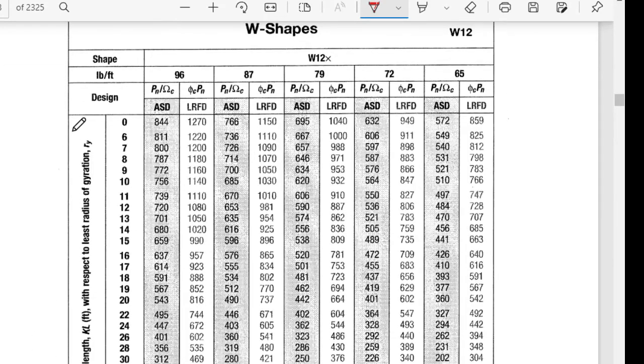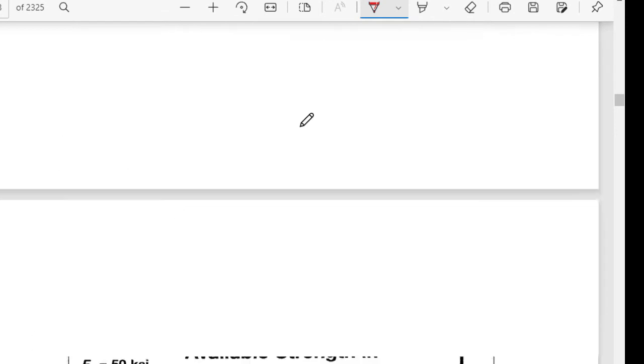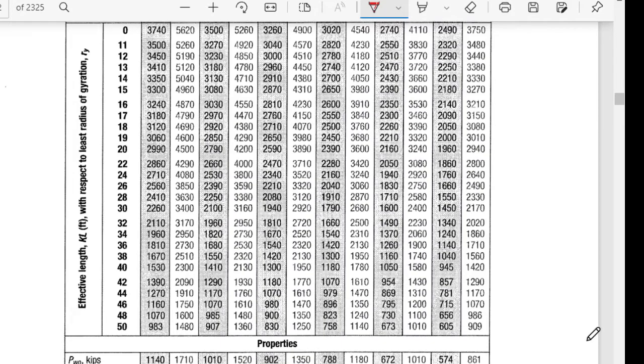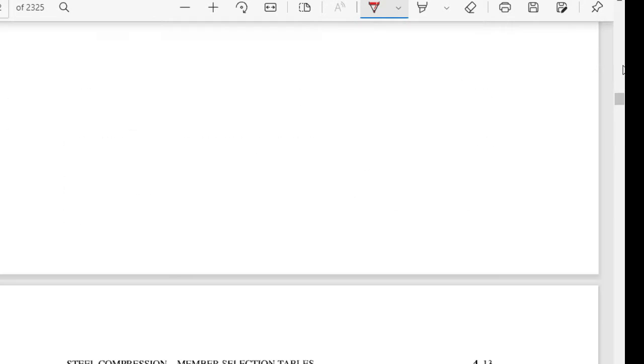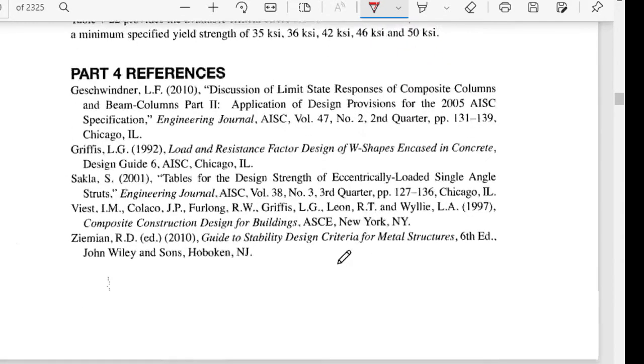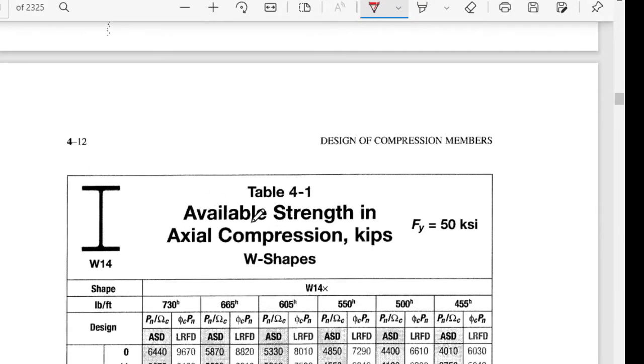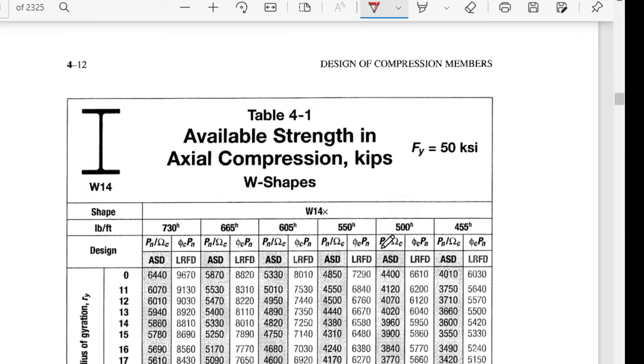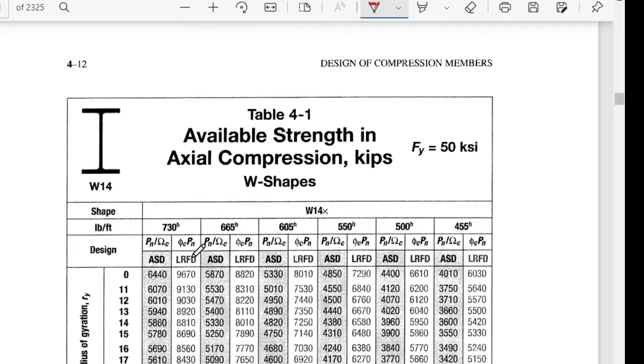If you try to look at this one, W14, it is good for W14. This table gives the available strength in axial compression, the ASD allowable strength and the LRFD design strength.